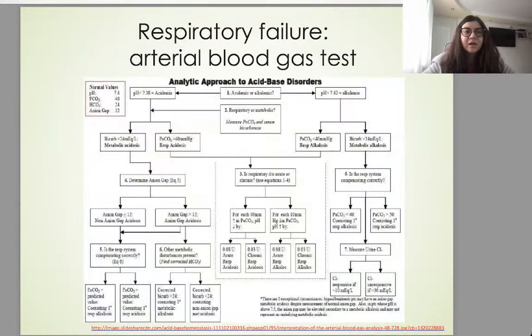And a scheme of how we can use arterial blood gas test and interpretation of them according to level of pH, is it acidic or alkaline, and after, according to this algorithm, we should confirm or not confirm different types of respiratory failure. If you need it, you can screenshot this slide.